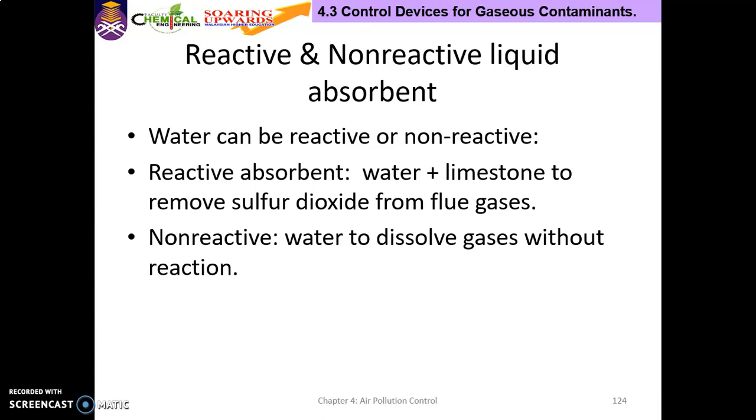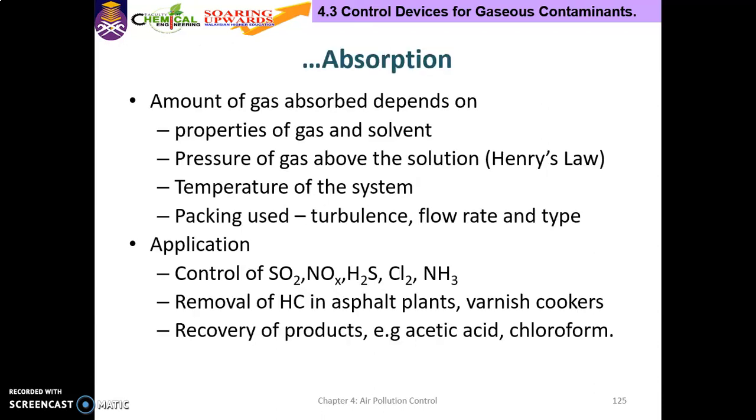So we can use water as the reactive or non-reactive solvent. The amount of gas absorbed depends on the properties of the gas and solvent, the pressure, temperature, and also the packing being used. Example application of absorption: it can control SOx, NOx.